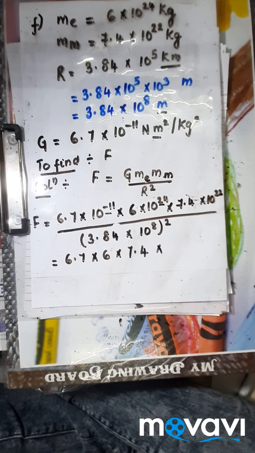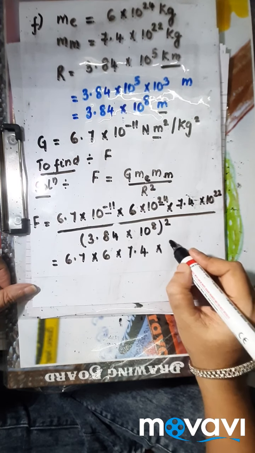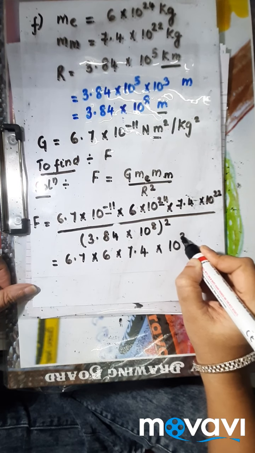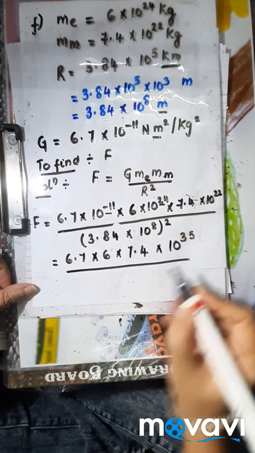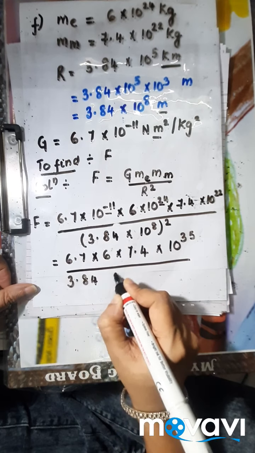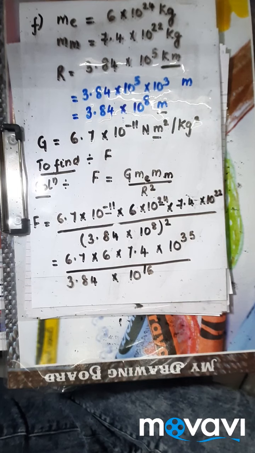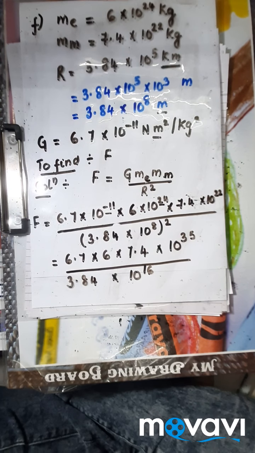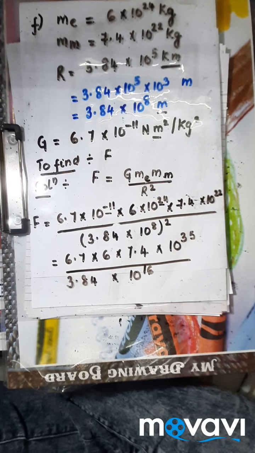So 24 minus 11 is 13, and plus 22. 13 plus 22 is 10 raised to 35, upon 3.84 multiplied by 10 raised to 16, whole square. Is this very clear?